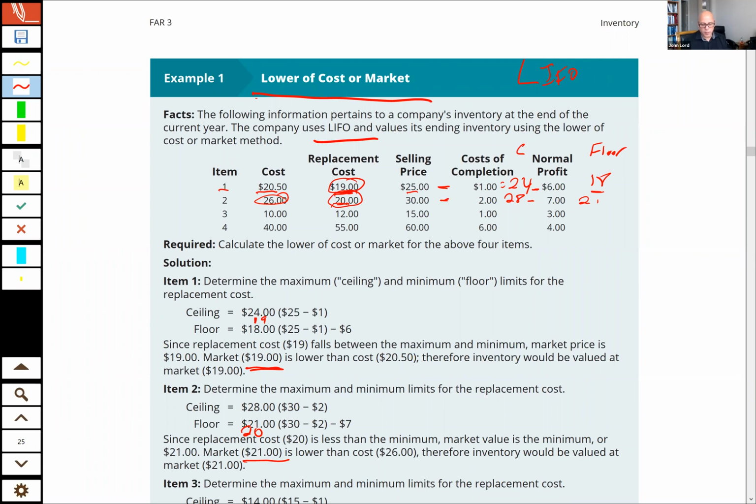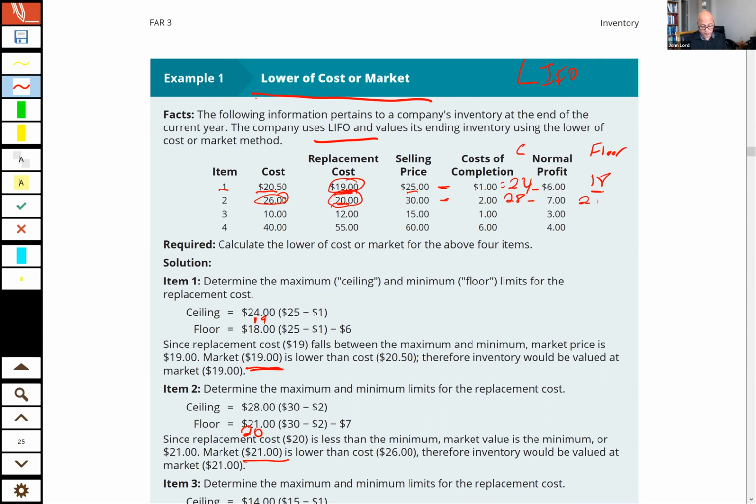If it goes over the ceiling, use the ceiling. If it goes below the floor, use the floor. If it's not over the ceiling and it's not below the floor, use the replacement cost, right? And then of course, if the market is higher, then you leave it at cost. If the market is lower than the cost, then you're going to write that inventory down, right?